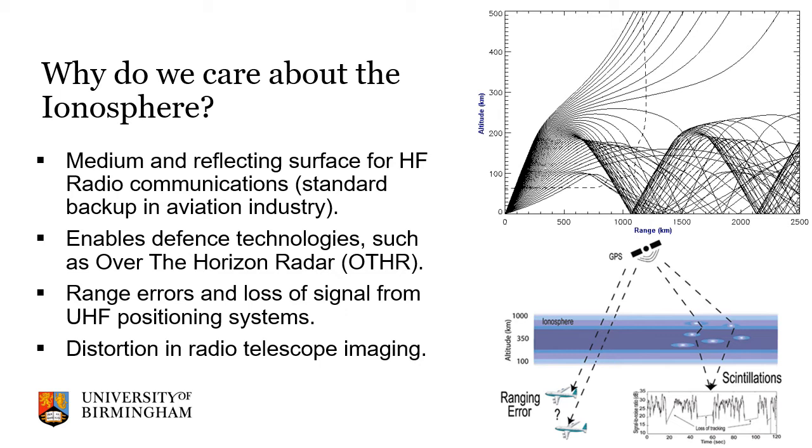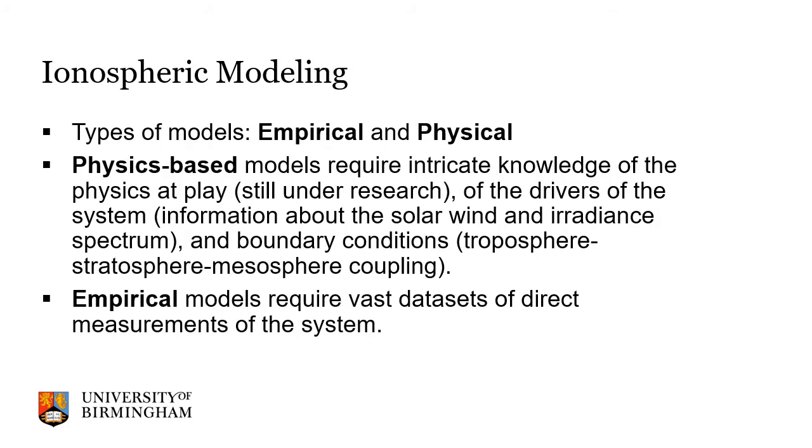For the same reasons, these irregularities in the ionosphere and this delaying as signals propagate through the ionosphere can cause distortion in radio telescope imaging from the ground. So if we want to effectively use these technologies like GPS or over-the-horizon radar, we need to model the ionosphere.